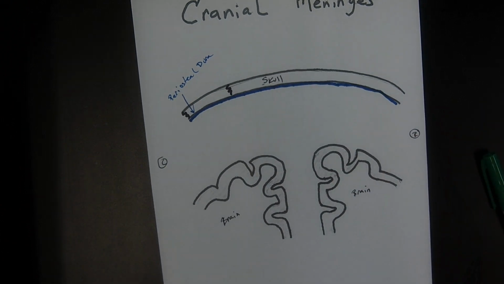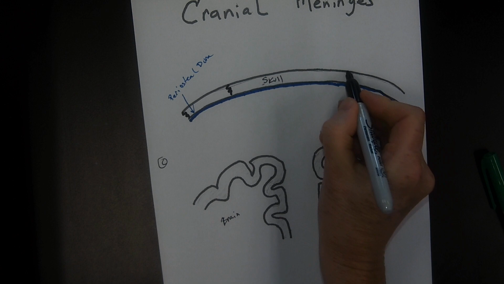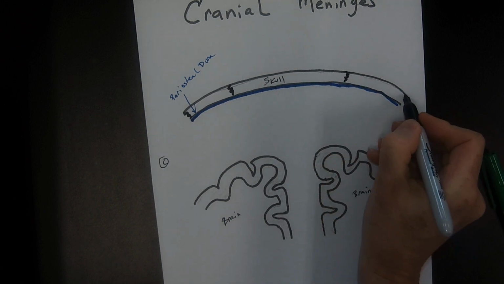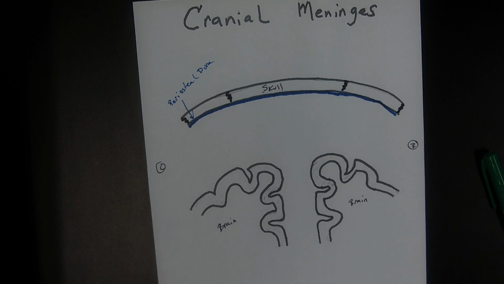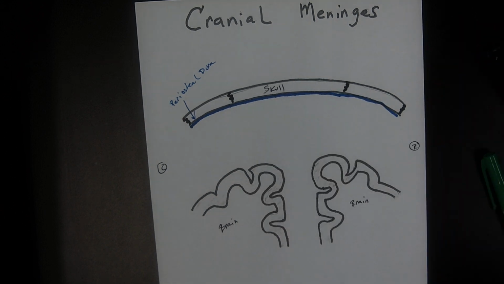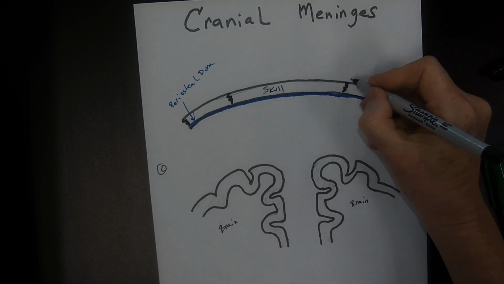Does everybody know what the sutures are? It's just when the skull forms, when the bones kind of grow together, you're left with those sutures. Your periosteal layer is very tightly adhered not only to the bone itself, but particularly tightly adhered to these sutures in your skull.